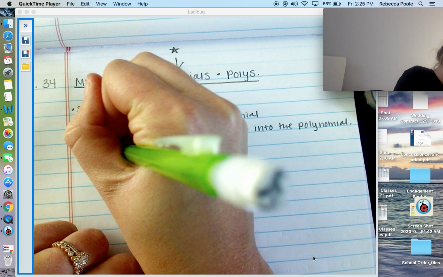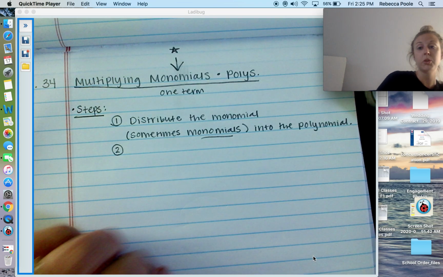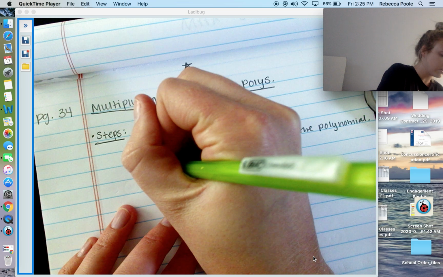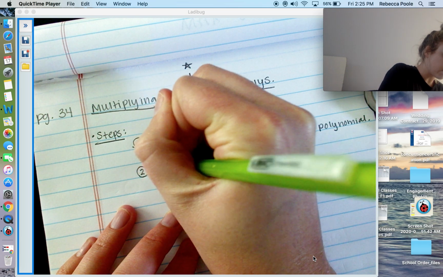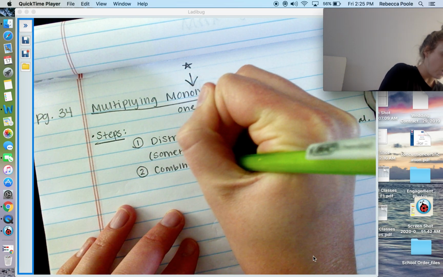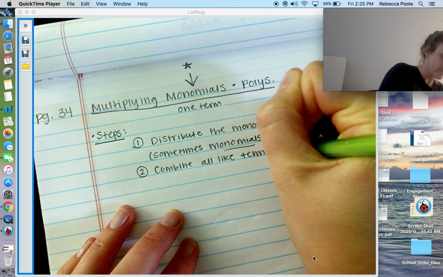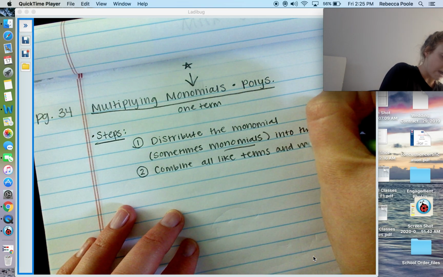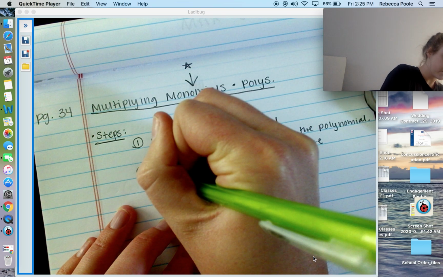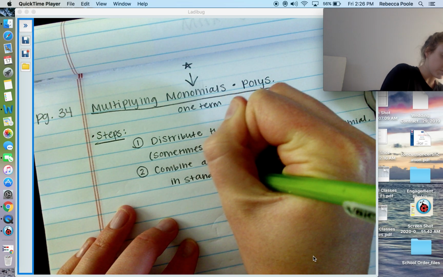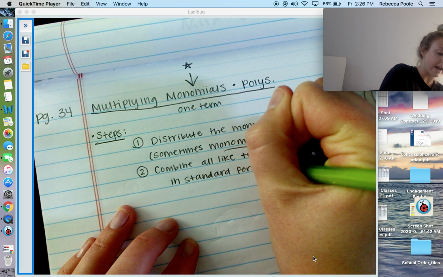And then after you distribute, this is very similar to subtraction. After you distribute, all you're going to do is combine all like terms and write in standard form, which is what we've been doing with adding and subtracting.